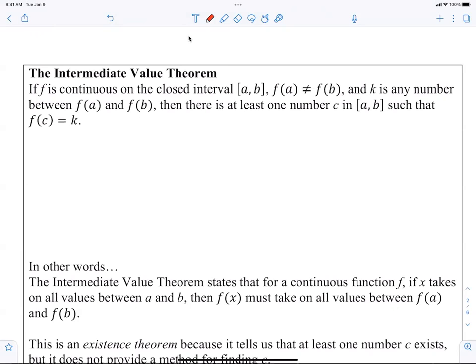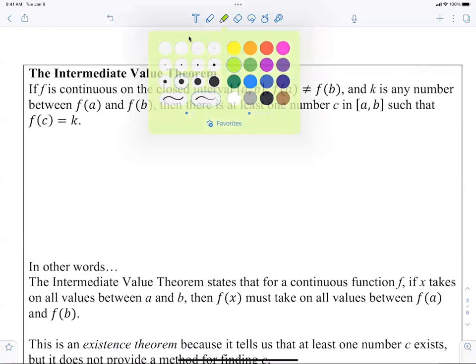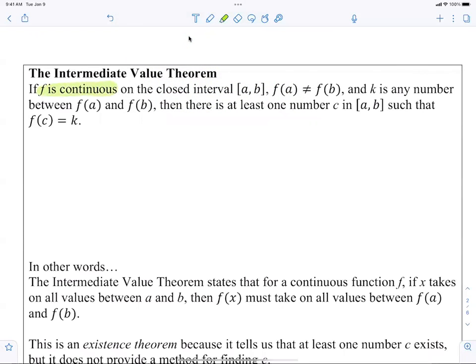It's going to come up often next year. So if f is continuous on a closed interval. Now, for intermediate value theorem to apply, we have these preconditions that have to be checked off for it to apply. The first of those preconditions is the fact that f has to be continuous.